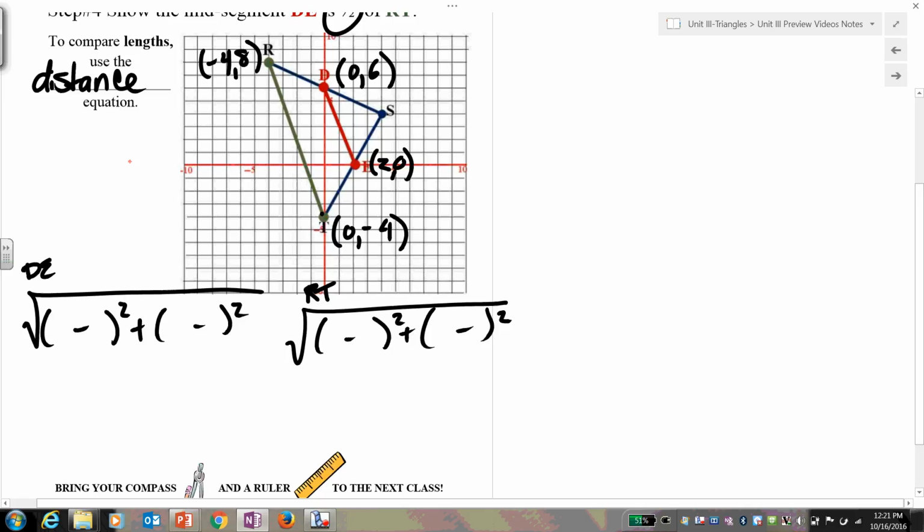Ready? It's x minus x, parentheses squared, plus y minus y, parentheses squared. So we're going to go ahead and do our x's. I'm going to circle my x's, be consistent in the direction. Notice I draw an arrow. Box my y's. Now we're going to do the math. That's -2 squared.